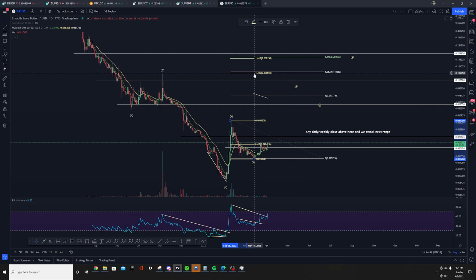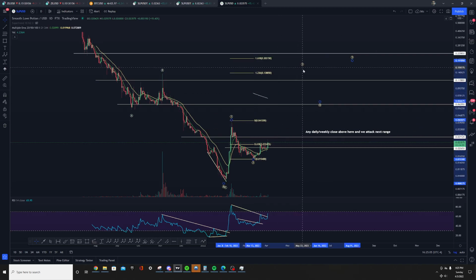You just look for the negative 123.6% or the negative 161.8%, and the reason is that algos are programmed to take profit there. I'm not sure why, they just are, and it's been on the money for me at least. So I will look for something like this.